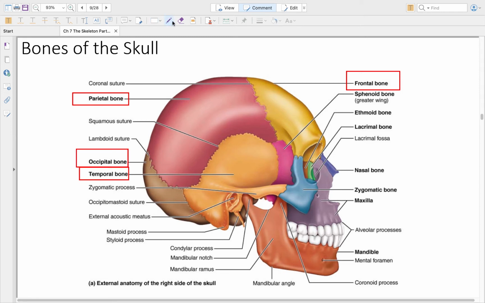And you can see part of the sphenoid bone right here in pink. That's not the whole bone though, so keep that in mind. Just see a part of the wing. And you can see just a little bit of the ethmoid bone right there in orange.